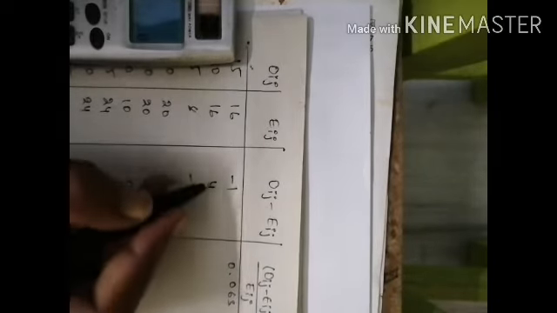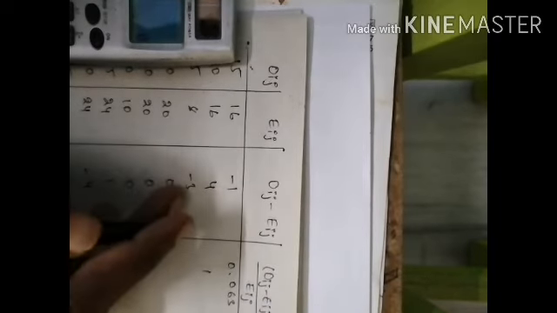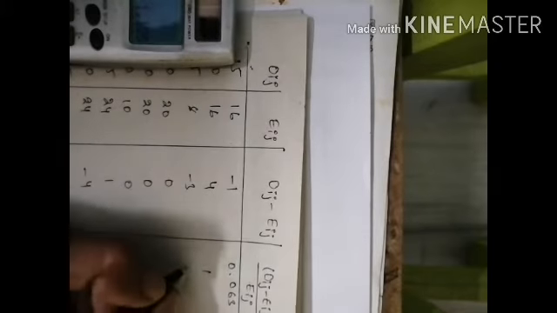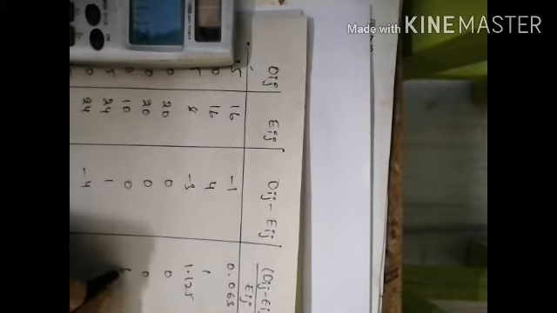Next, 4 square by 16 is 1. 9 by 8 is 1.125. Here 0, 0, 0.